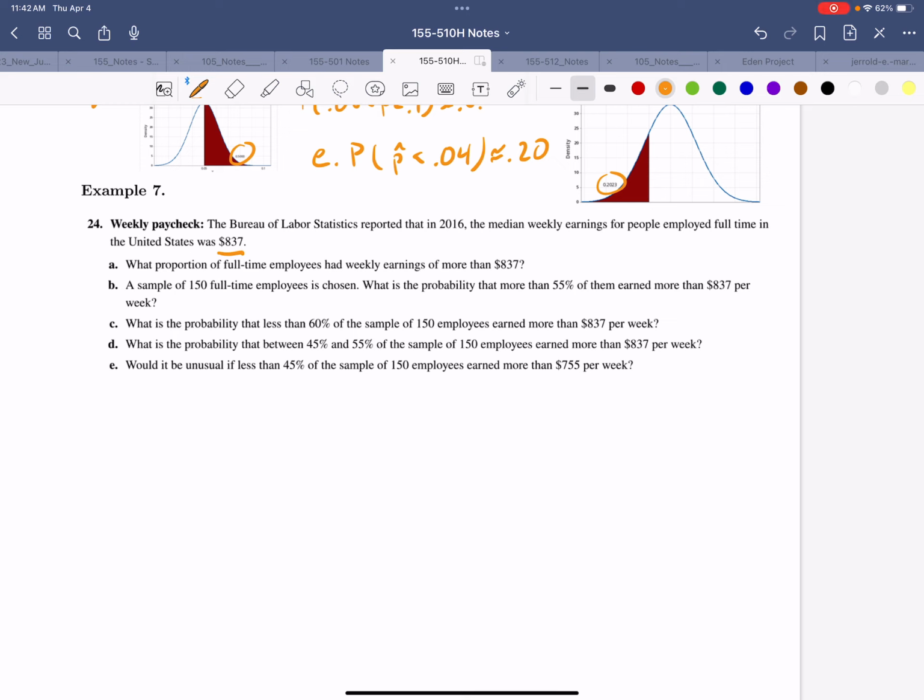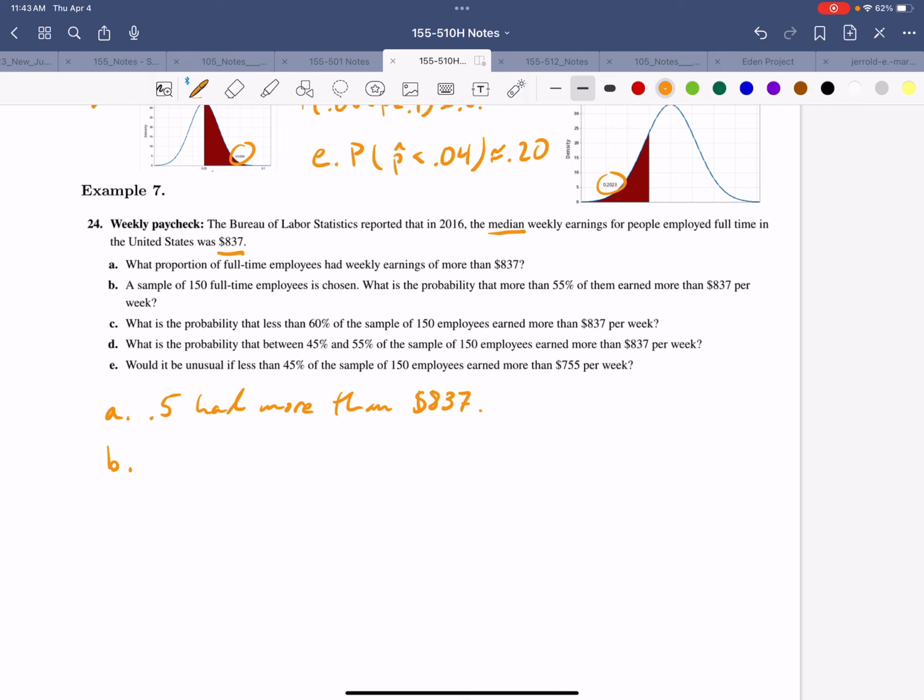Well, that's pretty straightforward if we know that the median was $837. It's just 0.5. No tricks there, right? Now we take a sample of 150.